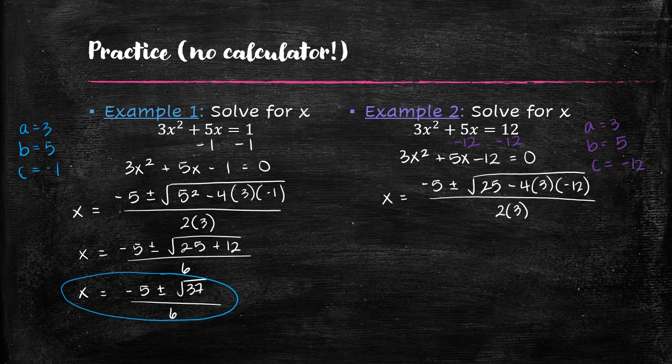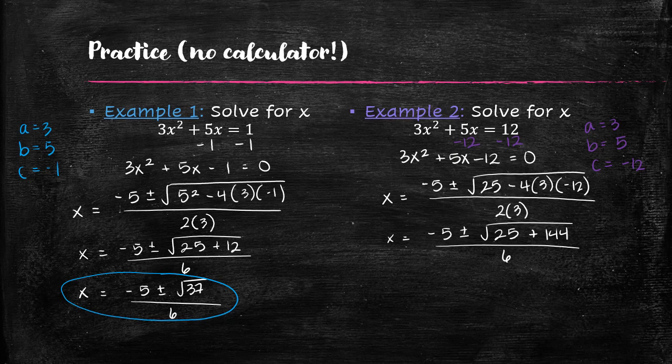Okay, so let's simplify. So x is equal to negative 5 plus or minus 25 minus 4 times 3 times negative 12. Let's simplify that. That's going to be 12 times 12, 144 there, all over 6.